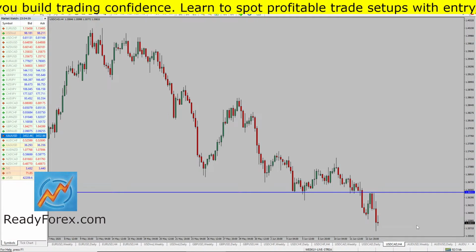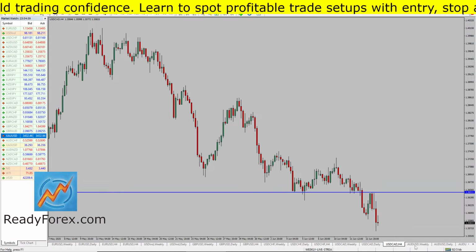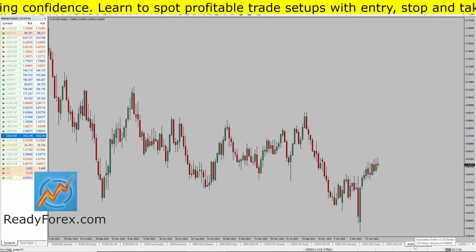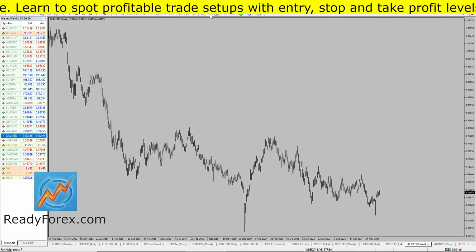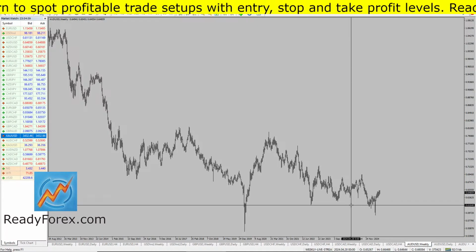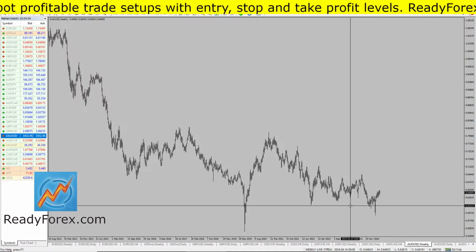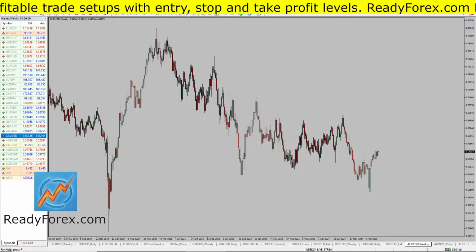Okay, next let us take a look at the Aussie dollar currency pair, AUD USD currency pair weekly time frame. There is a clear false breakdown over here. Let me show you.